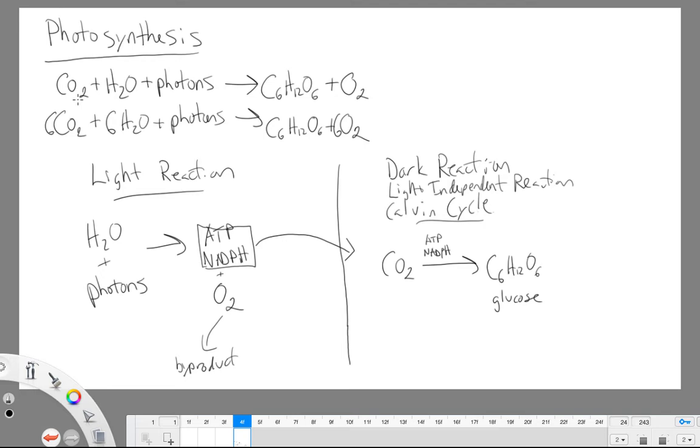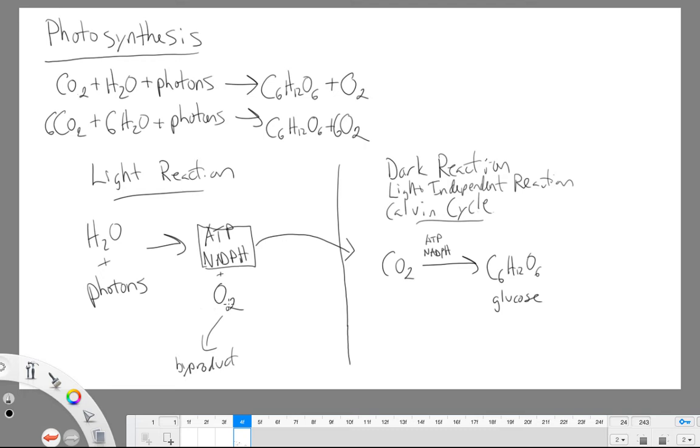And this process can be broken down into two reactions, the light reaction and the Calvin cycle, or light independent reaction, or dark reaction. In the light reaction, we have water and those photons, that's the sun's energy, being used to create ATP and NADPH, two molecules that help power cellular processes, ATP being the more numerous one.